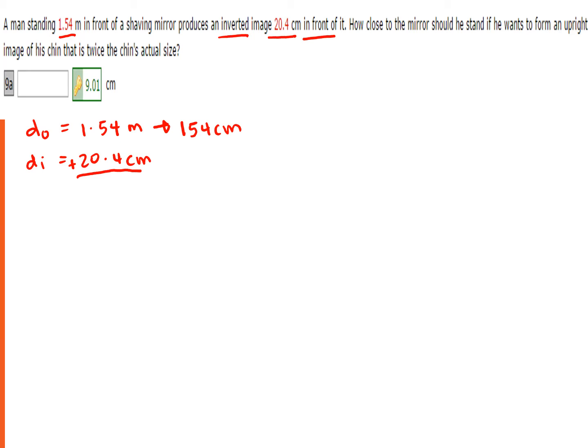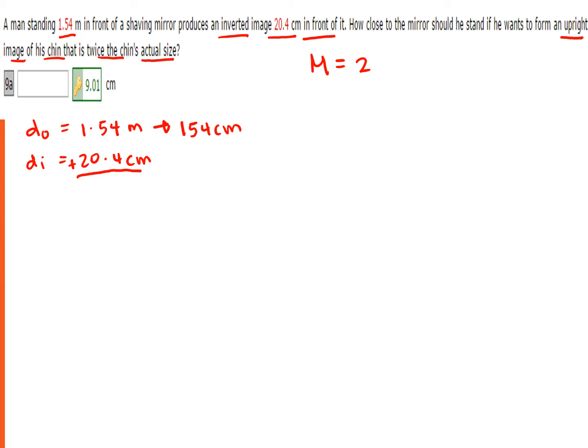The second sentence of this problem tells us that the magnification is 2 because it says here an upright image of his chin that is twice the actual size. So for that sentence, we are given that the magnification is equal to a positive 2.